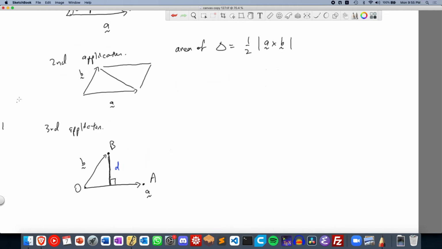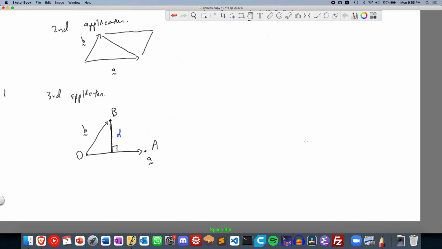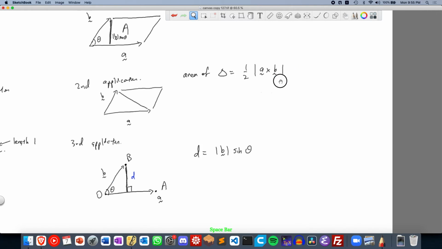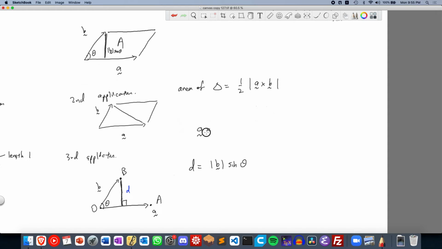We'll see more examples. This closest distance is a common question that they like to test in exams. The closest distance D is equal to the magnitude of B sine theta. If we recall that A cross B is equal to the magnitude of A, magnitude of B, sine theta, n hat, then if we take the magnitude of both sides, the n hat disappears and this is a scalar, a real number.